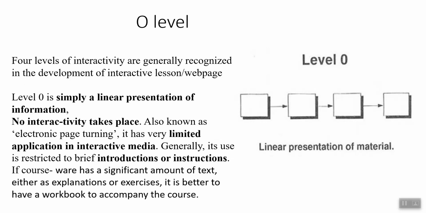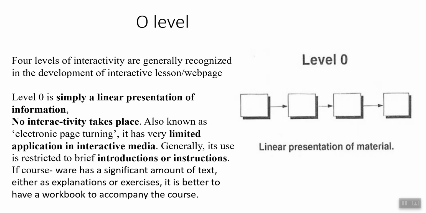Now, when we say interactivity, we always talk about interactivity at 4 levels. When we talk about interactivity, it is you ask the questions and you get a response. Such levels are categorized into 4 different categories.